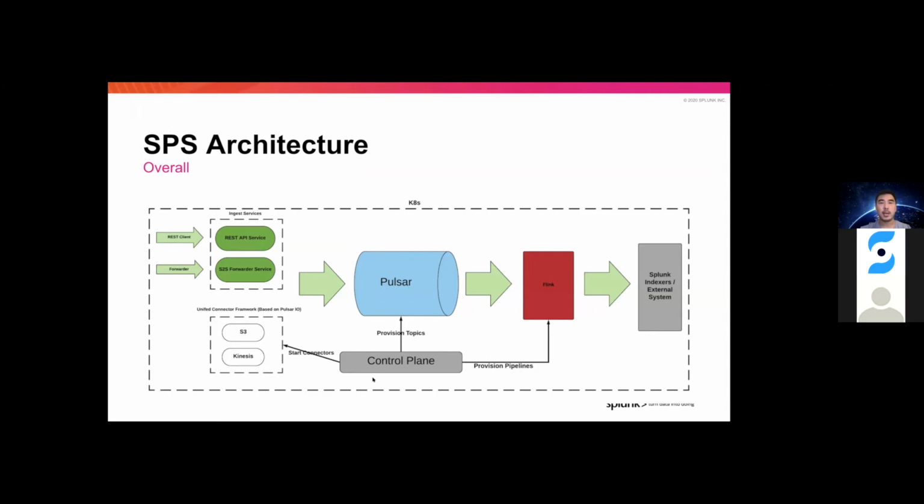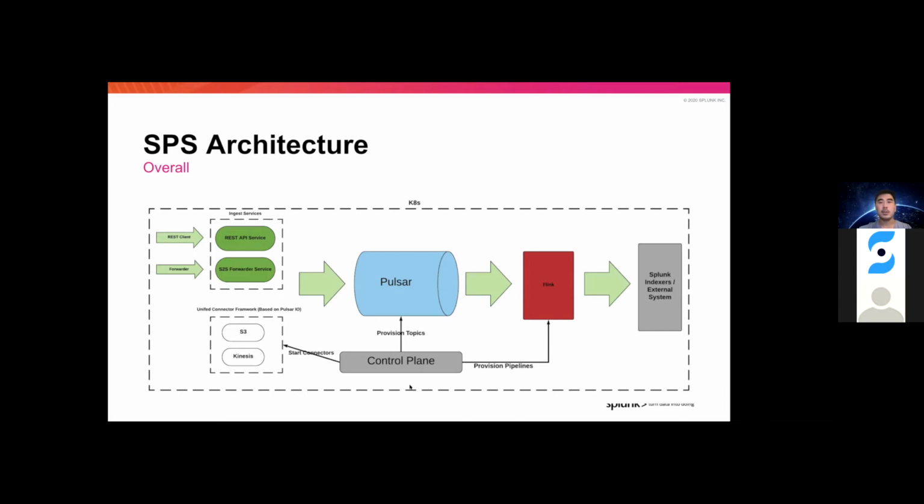Users will typically interact with the control plane directly and not really interact with internal services such as Pulsar and Flink. So this also serves as a gateway for users to leverage the functionality and capabilities of Pulsar and Flink.